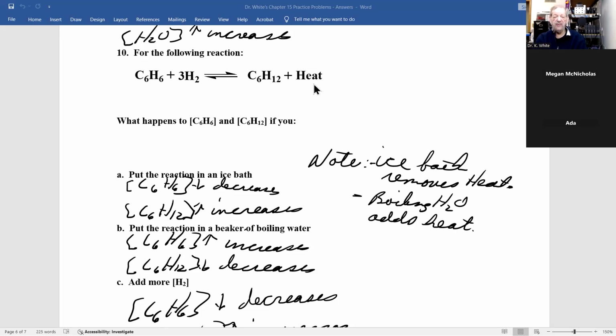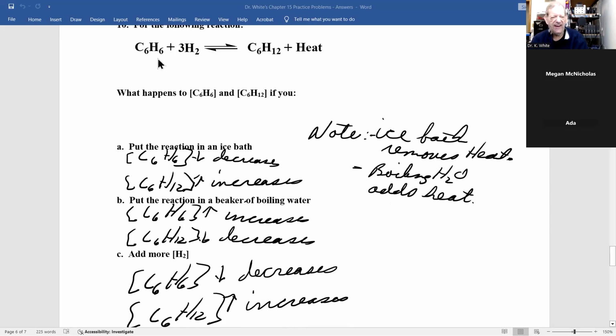And the equilibrium says, oh no, we need more heat. Somebody took some of the heat away. So how can it make more heat? Well, C6H6 reacts with hydrogen, H2, to make more C6H12 and more heat.